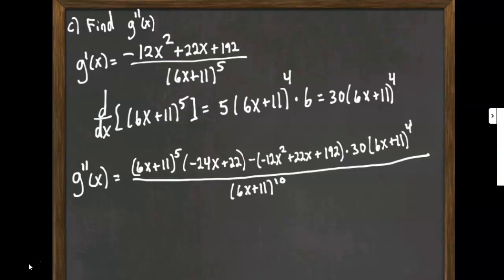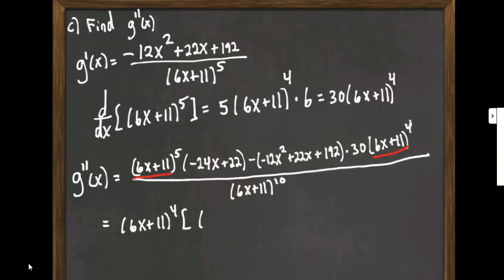A whole lot of simplifying. Step one here, we want to pull out our common factor, which we can see here is 6x plus 11 to the fourth. There might be some other stuff we could pull out, but that's the thing we're looking for. That common quantity comes about when we use the chain rule as a part of the product or quotient rule. So we factor out that 6x plus 11 to the fourth. When we take that out, we did have a 6x plus 11 to the fifth there.